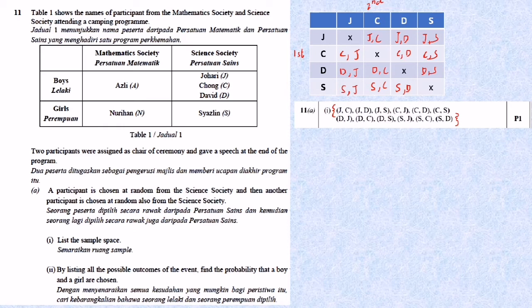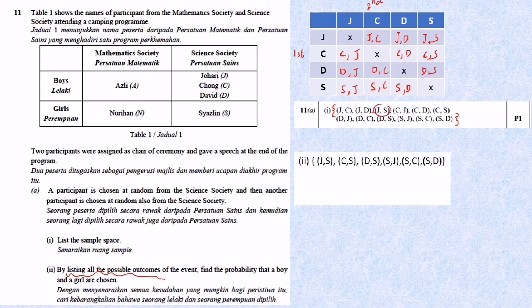Second, by listing all the possible outcomes of the event, find the probability that a boy and a girl are chosen. Now the keyword is by listing all the possible outcomes. You cannot use the multiplication method to solve this question. You must base it on the sample space and find the possible outcomes and find the probability of a boy and a girl being chosen.